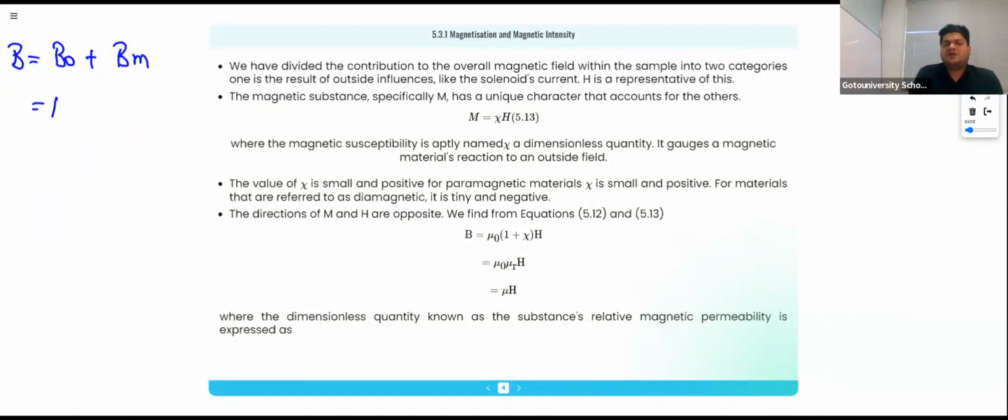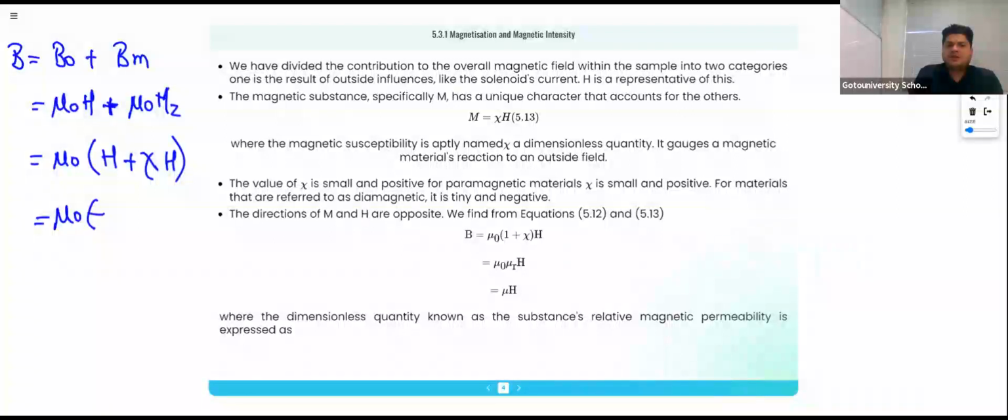B naught is mu naught H plus mu naught Mz. You can take mu naught common outside: H plus, in place of Mz you can write chi H. This will be equal to mu naught H into 1 plus chi.